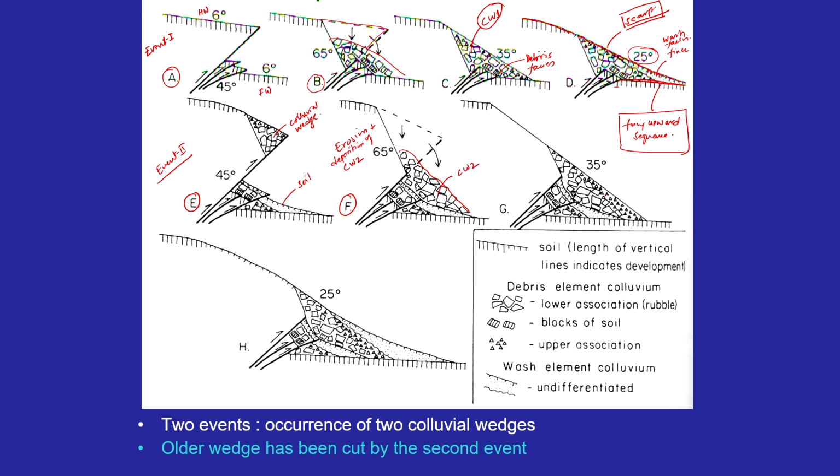And a similar process will take place, and then you have the finer deposits. And what we see is that still the slope is higher, so the final slope will stabilize at around 25 degrees.